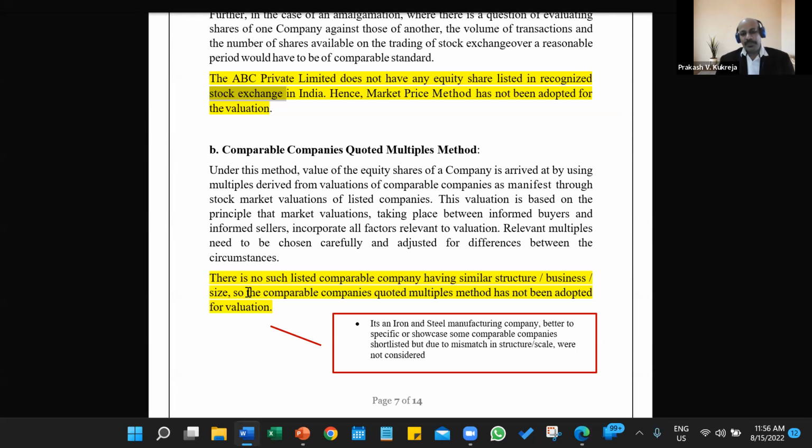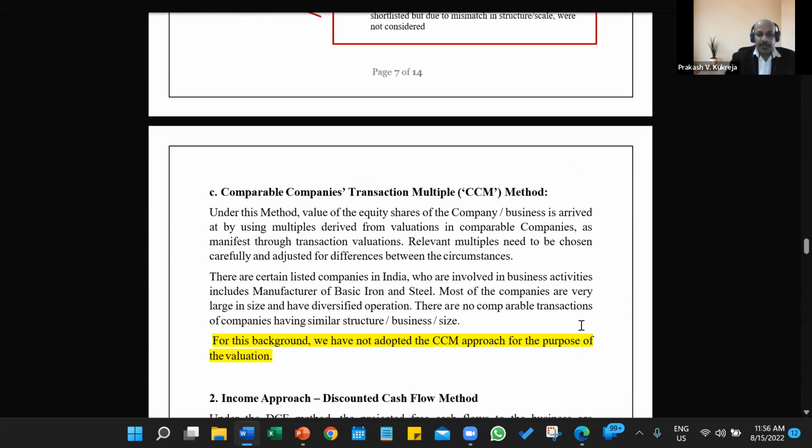So again, be very specific about what you have done and why you couldn't consider this specific method from the market approach. Comparable companies transaction method, right? In the background, we have not adopted the CCM approach for this purpose.